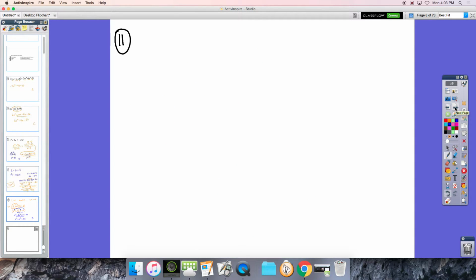Number 11 says, which of the following is not a possible zero of this function? What that means is when you look at your P over Q, which of those answer choices can't work?